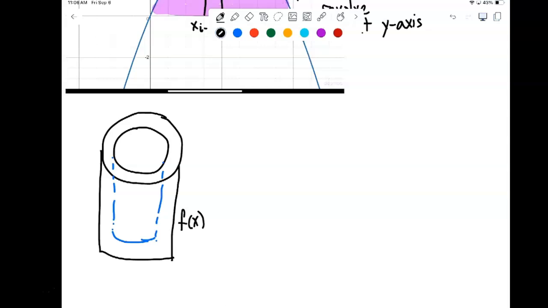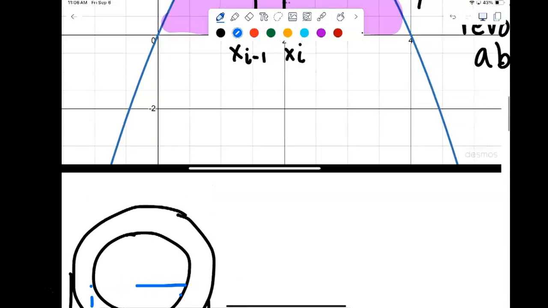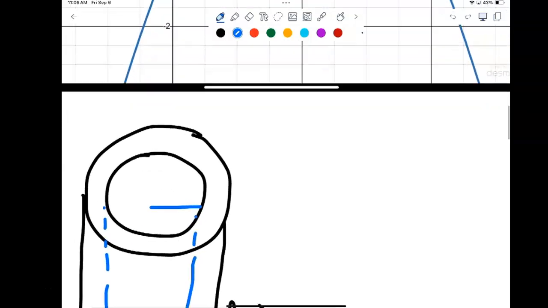The inner radius is not a function value, but rather the inner radius here is the inner x value, in this case x sub i minus 1.